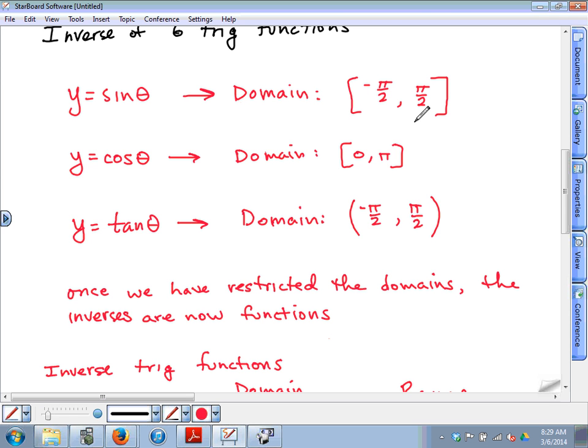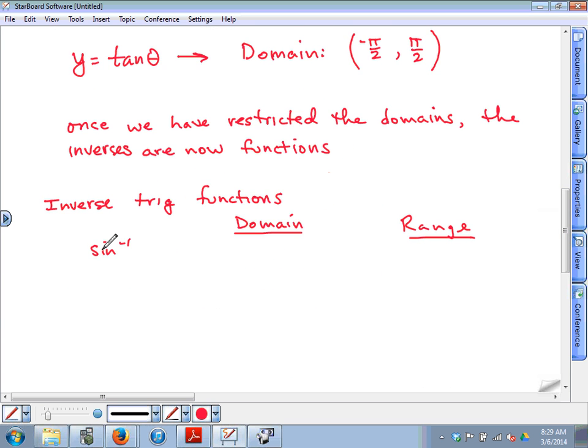X and y. So if this is the set of x values in the original function, if we find the inverse here, then that set of x values now becomes the set of y values. And what is the set of y values? The range. So for the inverse sine, the range is from negative pi halves to pi halves.